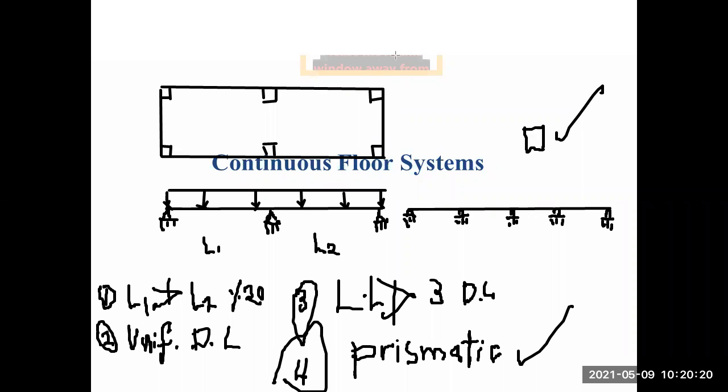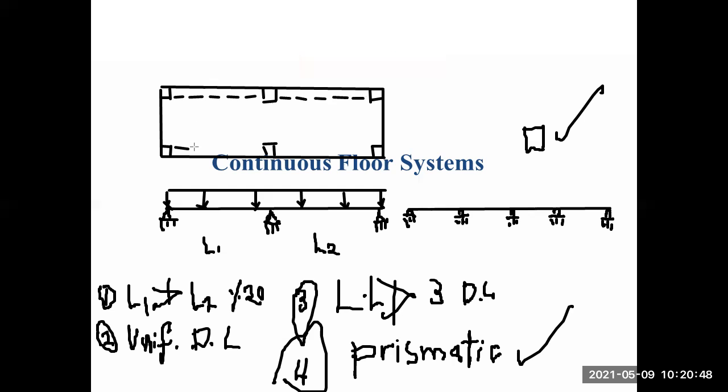So if this is the top view, then we could have this beam hidden underneath the slab. From the top, we draw it as a dashed line because the beam is hidden underneath the slab, so we cannot see it. With a dashed line, we could draw the beam that is supporting the slab.